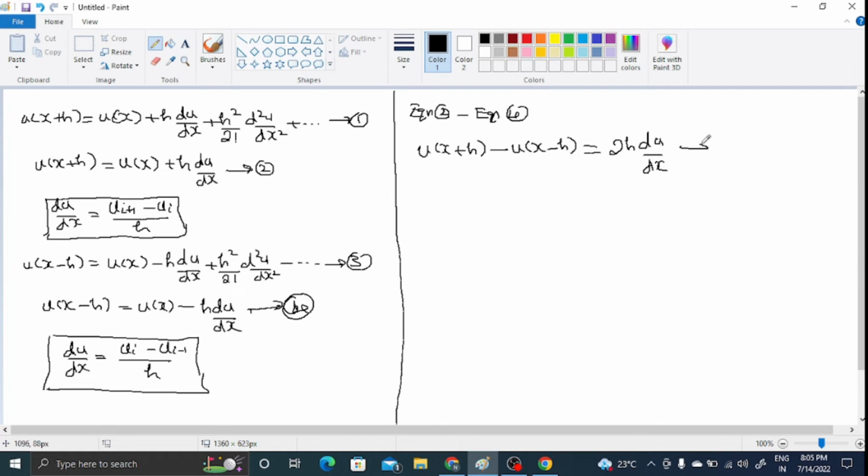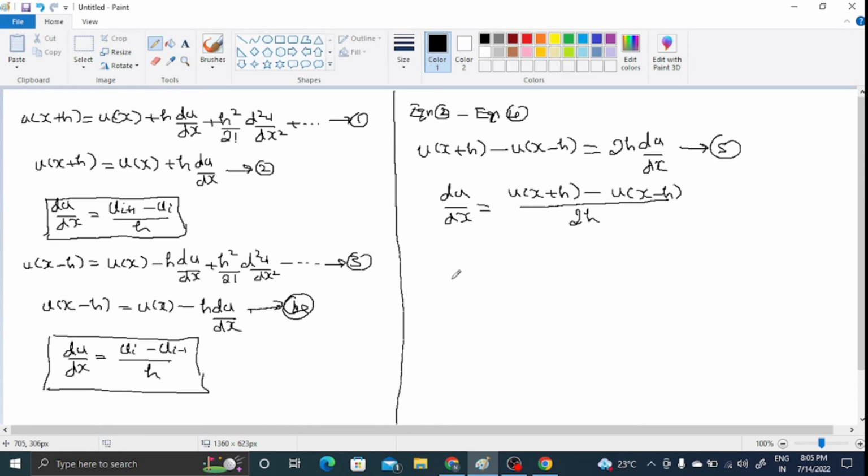From this we can write du by dx is equal to u of x plus h minus u of x minus h divided by 2h, where u of x plus h is the next point of u of x, and similarly u of x minus h is the previous point of u of x.